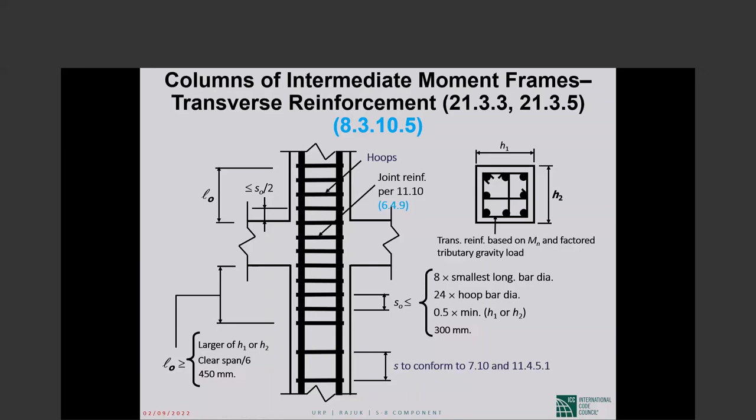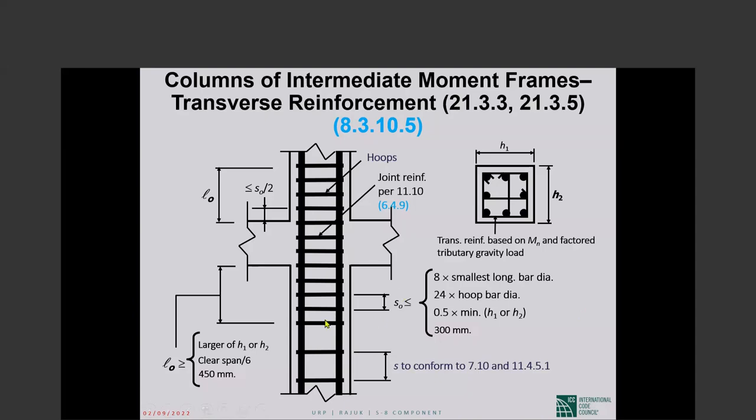Now, the spacing within the plastic hinge region is the smallest of those four: 8 times the smallest longitudinal bar diameter, 24 times the hoop diameter, 1/2 of the smaller plan dimension of the column, or 12 inches. We typically end up with 8 or 9 inch spacing of hoops in intermediate moment frames, as opposed to 2.5 or 3 inches in special moment frames.